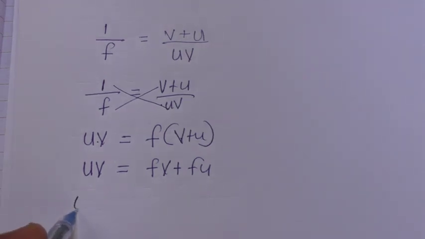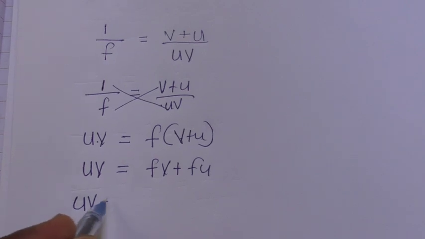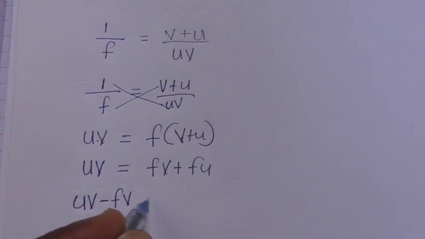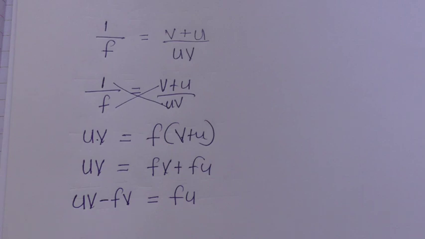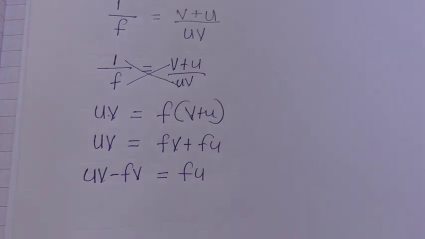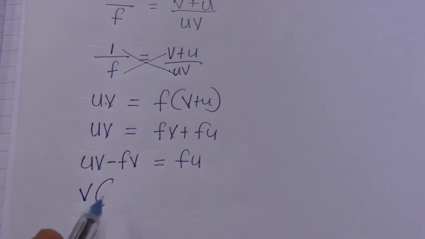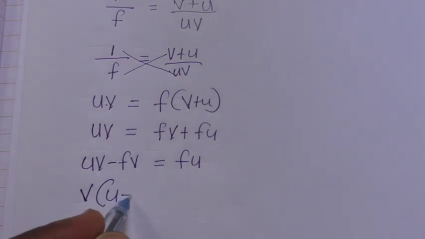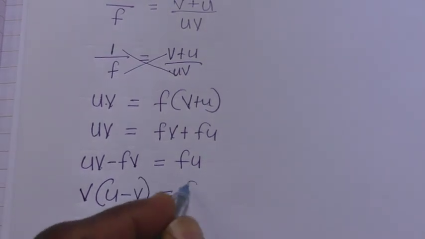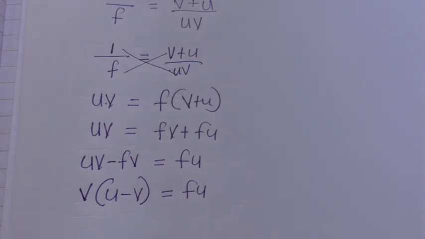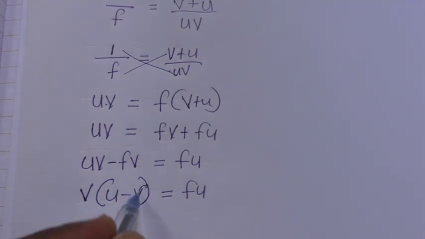So that is uv minus fv gives us fu. And therefore, since we want to make v the subject, we shall take it as a common factor, and therefore it is brought outside the bracket, and in brackets we remain with u minus f equals fu. Oh sorry, this is u minus f.